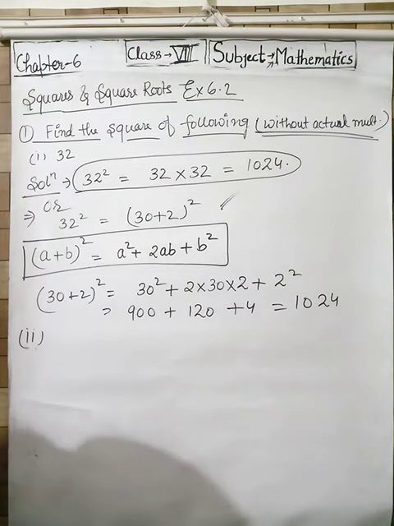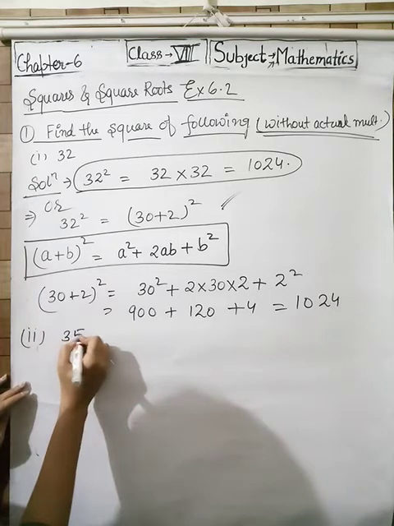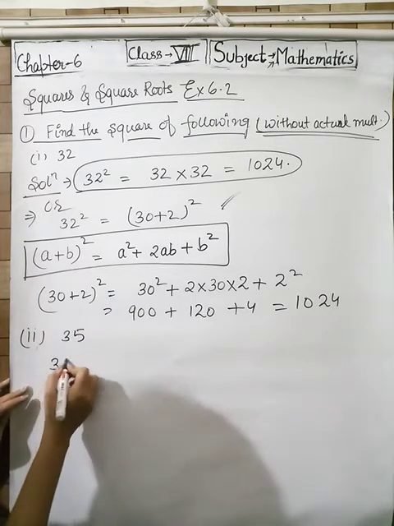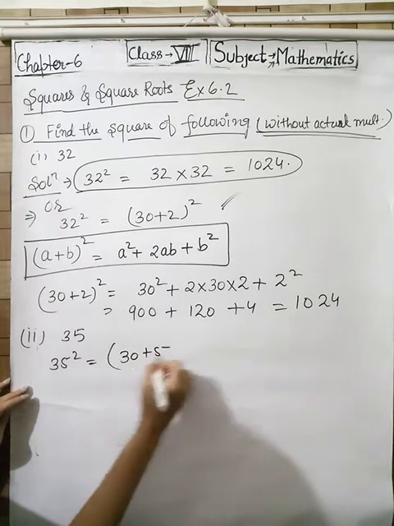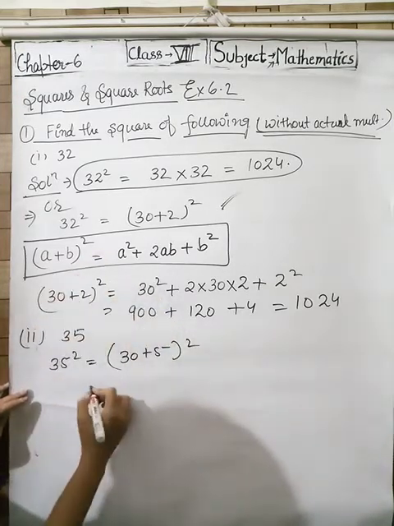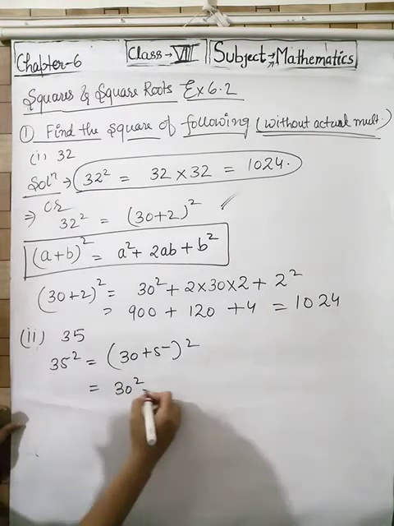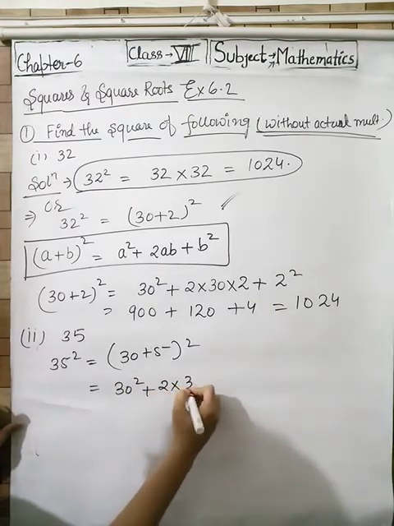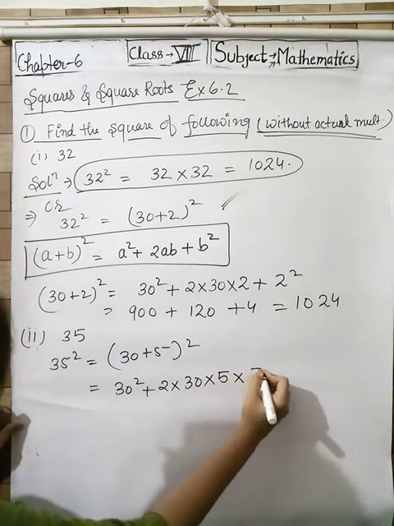Next is square of 35. That means you need to find the square of 35. So 35 square will be equal to 30 plus 5 whole square, again using identity 1: 30 square plus 2 into 30 into 5 plus 5 square.